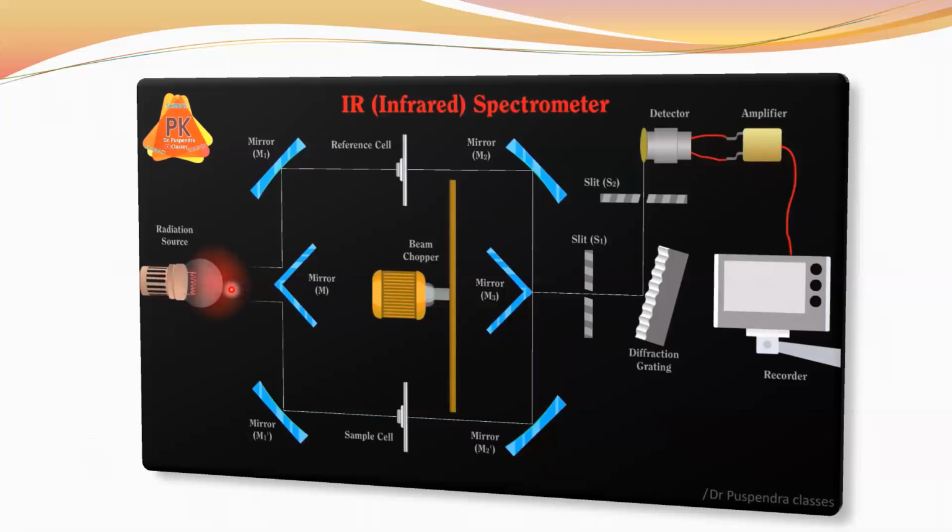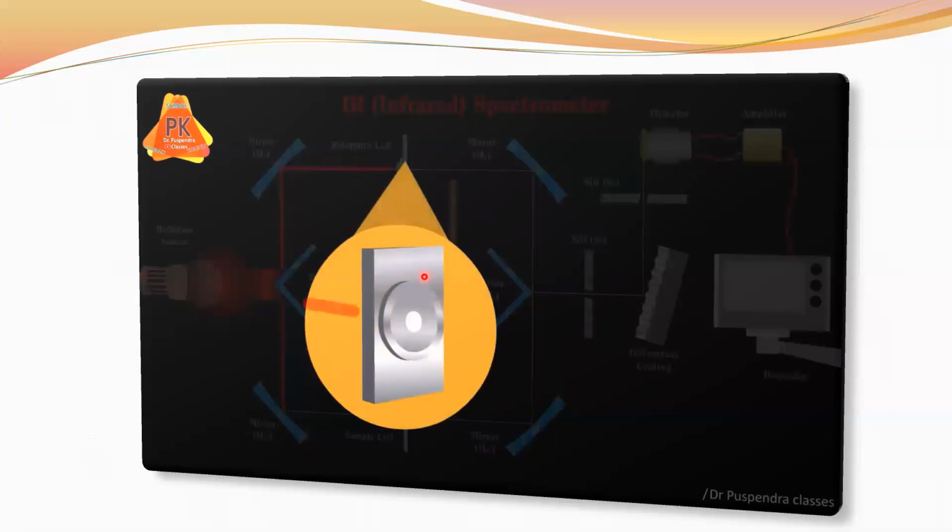Now we can observe the working. When the light from the source reaches the mirror, it is split into two parts, one going to the upper mirror and the second going to the lower mirror. Then it is reflected, one to the reference cell. The reference cell passes the entire beam.